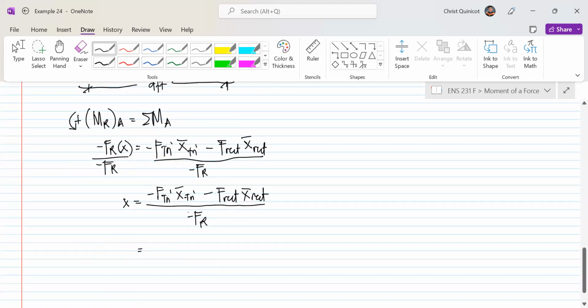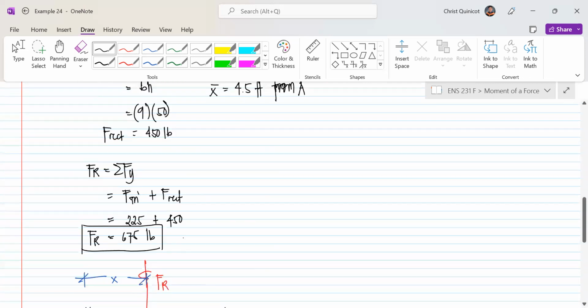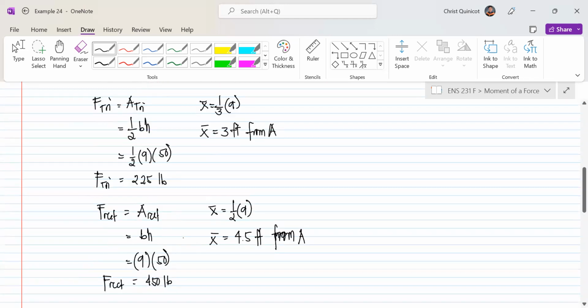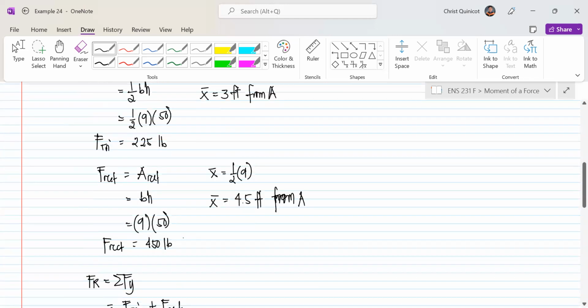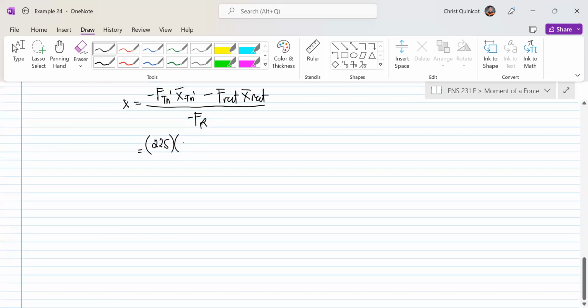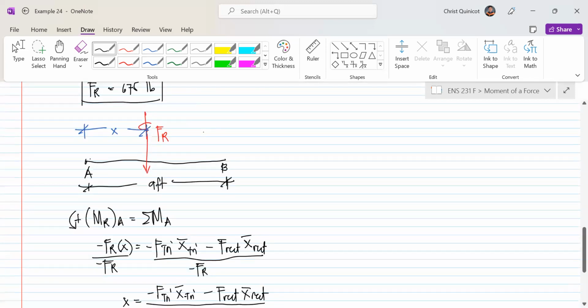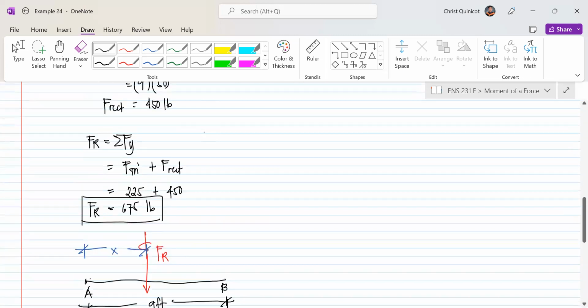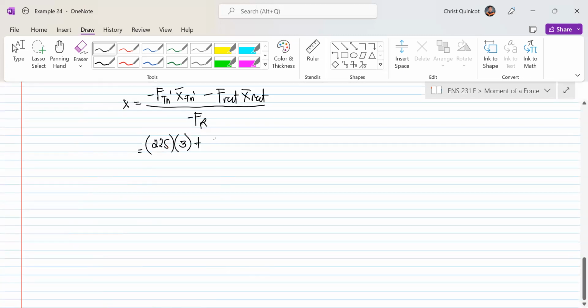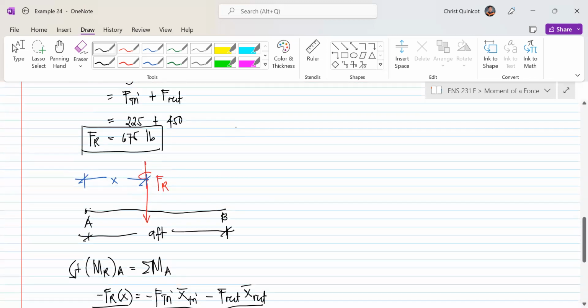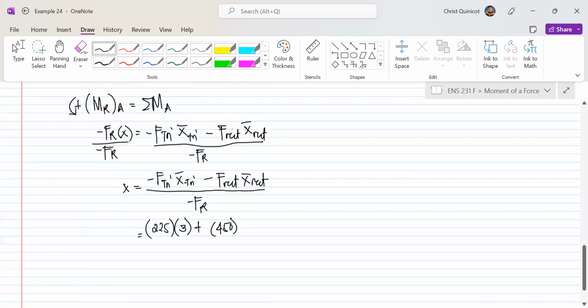225. So that's positive 225 times the perpendicular distance of F try from A, that is 3 feet. So that's 3, plus F rect is 450 times the perpendicular distance, which is 4.5.